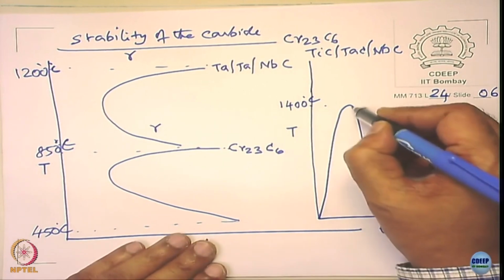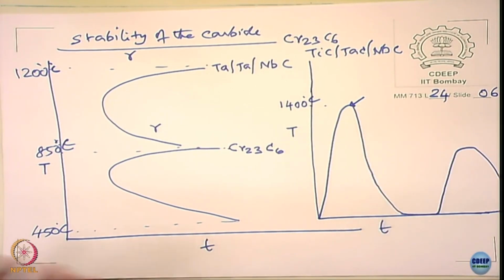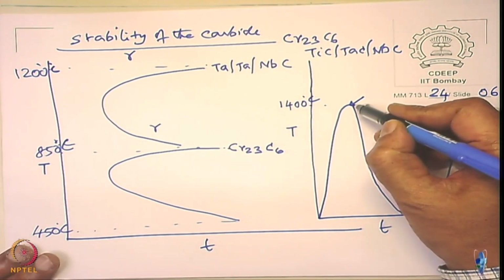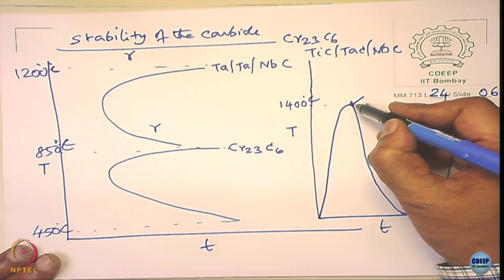So what is happening here? The stabilized grade stainless steel consists of what? It consists of tantalum, niobium or one of these carbides. They are present in that, right? When you raise this temperature, what is happening to these carbides? They all dissolve now, right? They dissolve.